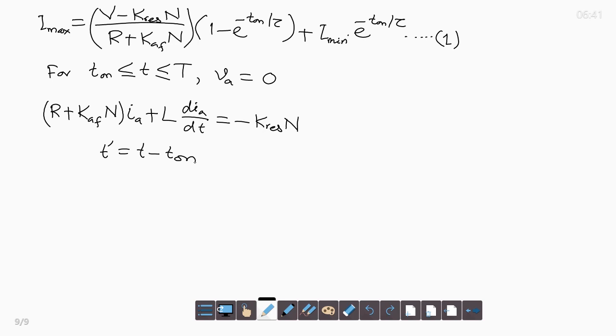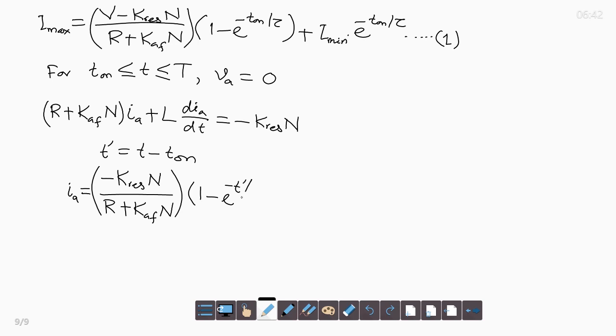So, with that you can write the expression for I A during this interval. You see, the steady state current is the applied voltage, minus K residual by N, divided by the effective resistance, R plus K F N. This bracketed term is the steady state current, and it decays exponentially with t dash by tau.